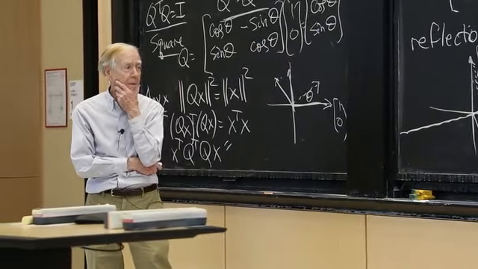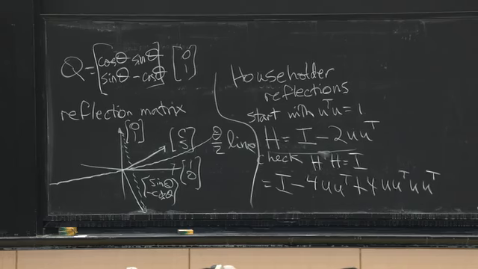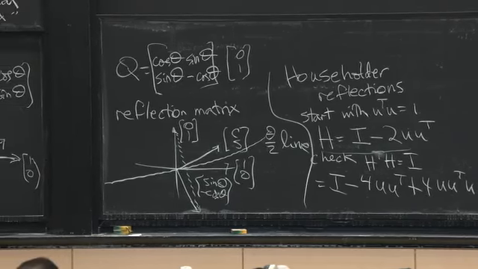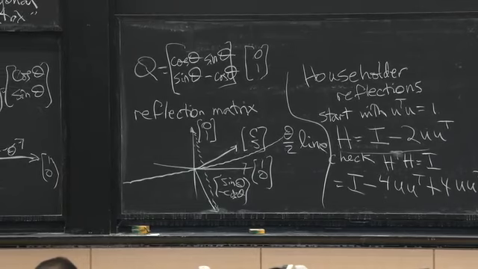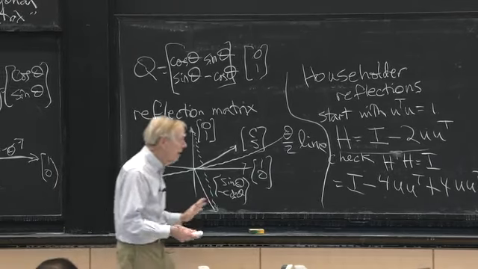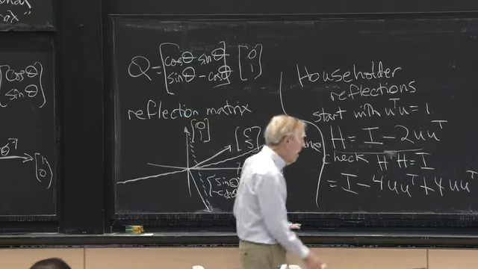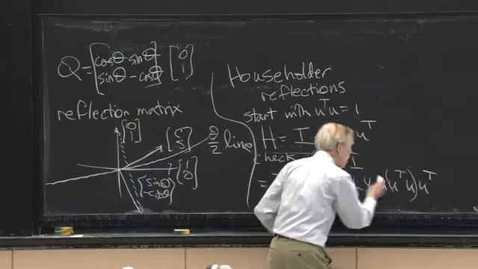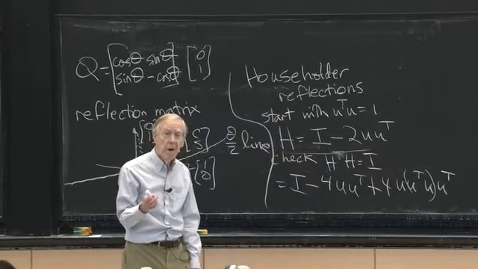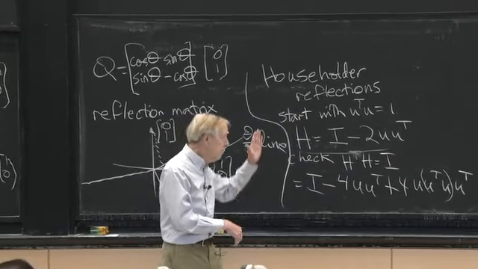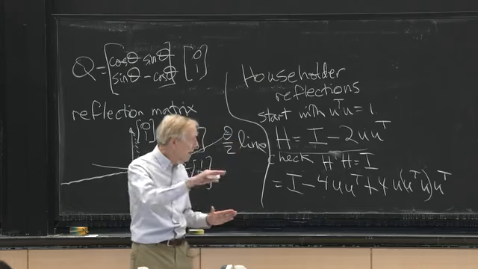Now, what am I hoping out of that bottom line? That it is I. We're hoping to get I. Do we get I? Yes. Who sees how to get I out of that thing? Yeah. U transpose U in here is a number. That was column times row times column times row.